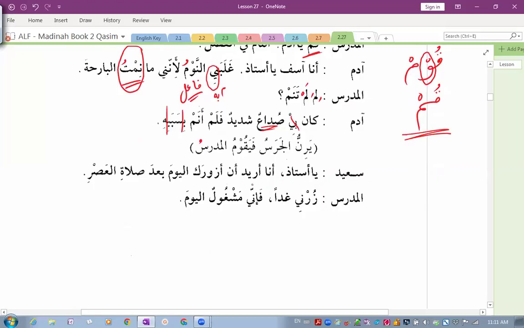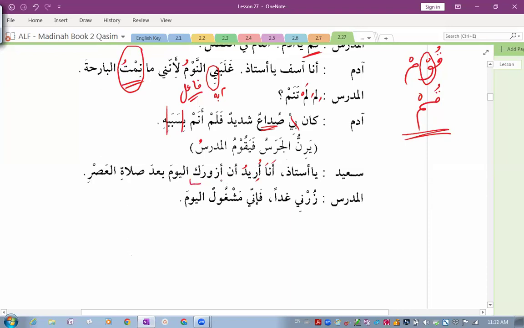Ustaz, I want that I visit you today after the asr salah. So, ana uridu. Arada yuridu, from there, uridu. It is a form 4 verb.